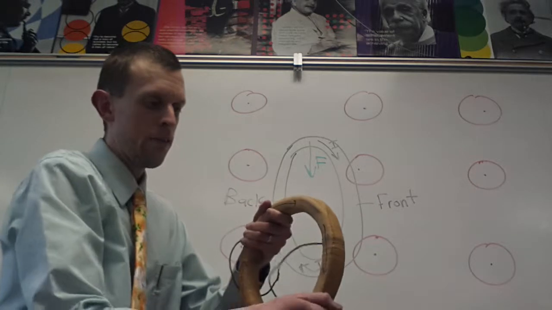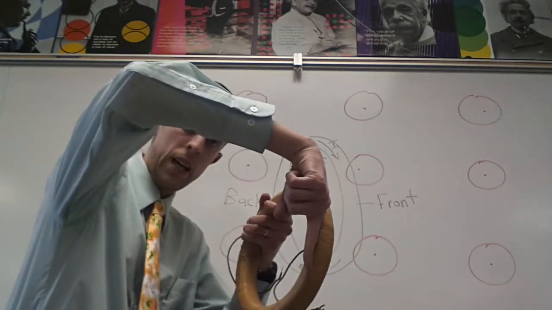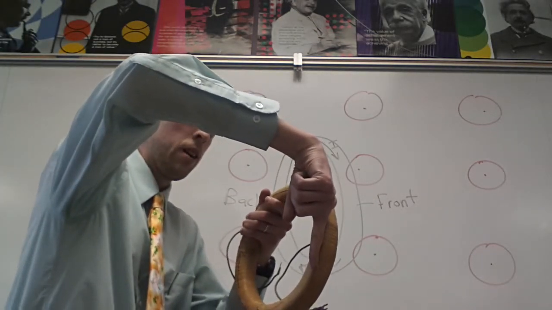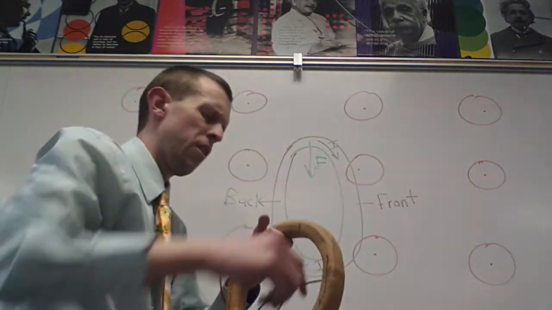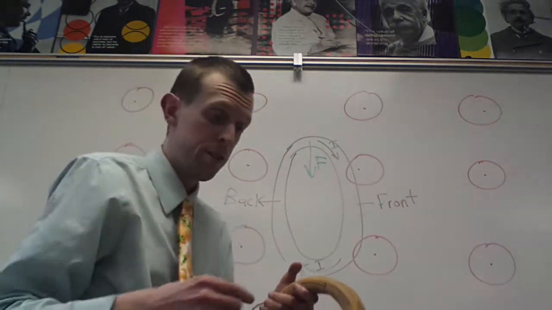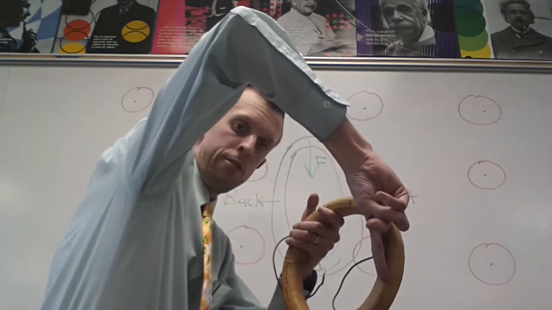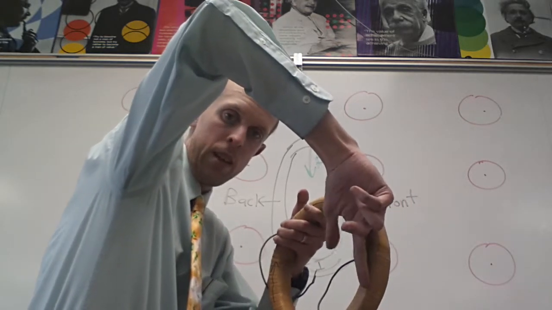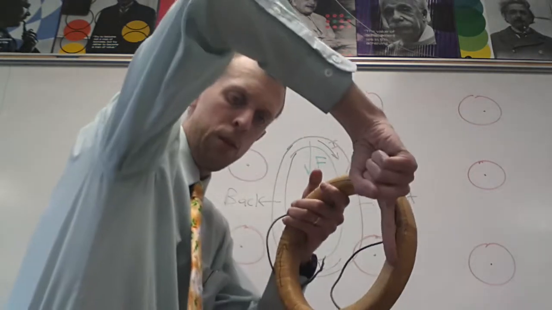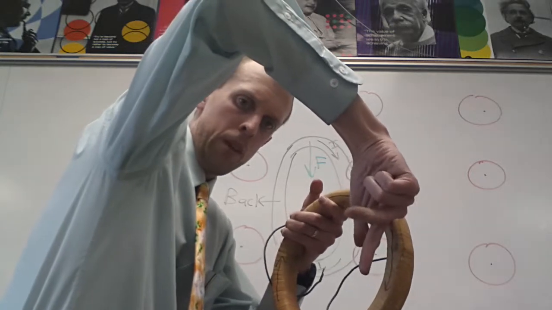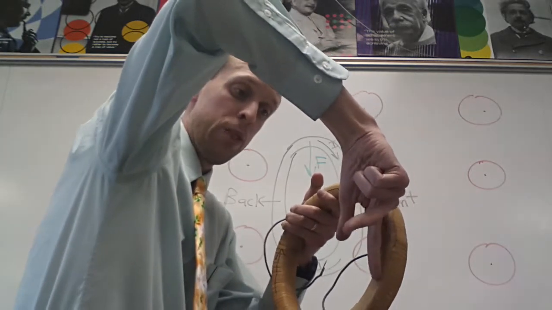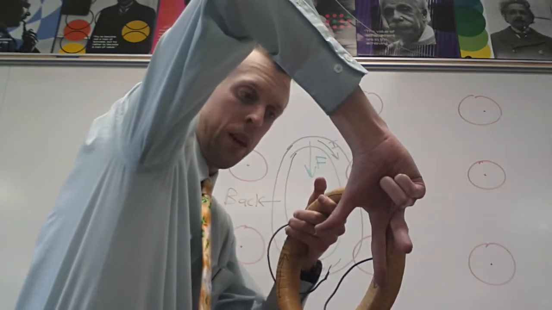Okay, now we'll look down here. At this point, my current is going downward, and my magnetic field is still pointing out. So I'm going to have my fingers oriented like this. Index finger down, middle finger is out in this direction.